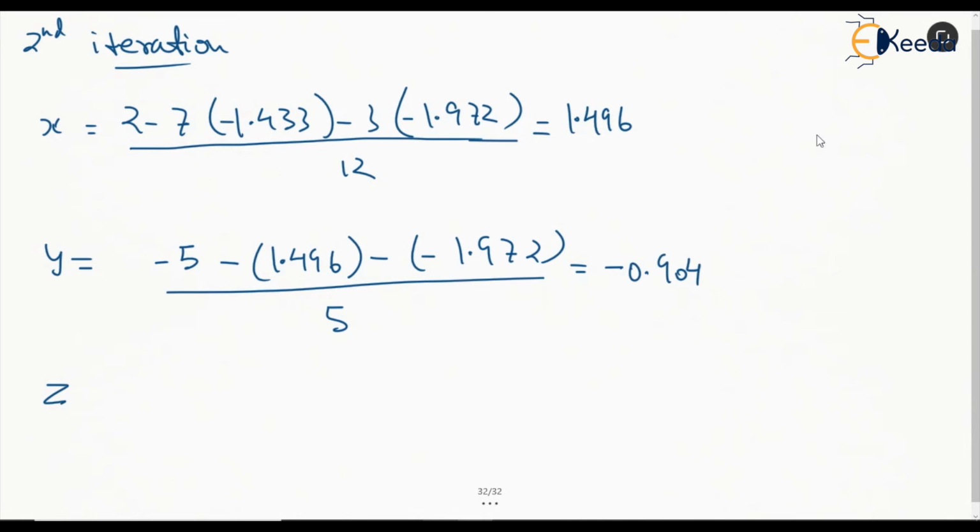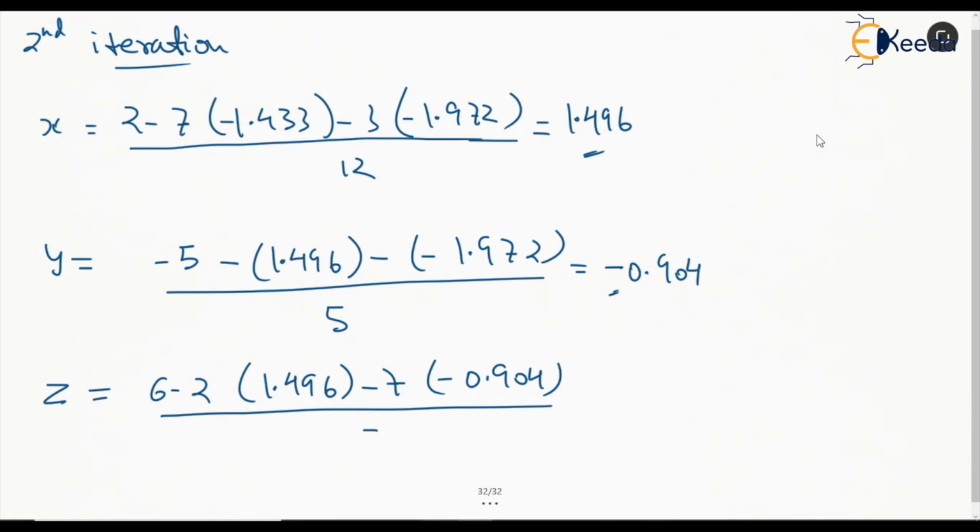Similarly z, now for z we can have both x and y to be the new estimate, not the last iteration values but the new estimate. So it is 6 minus 2 times 1.496 minus 7 times minus 0.904, divided by minus 11, which is minus 0.849.